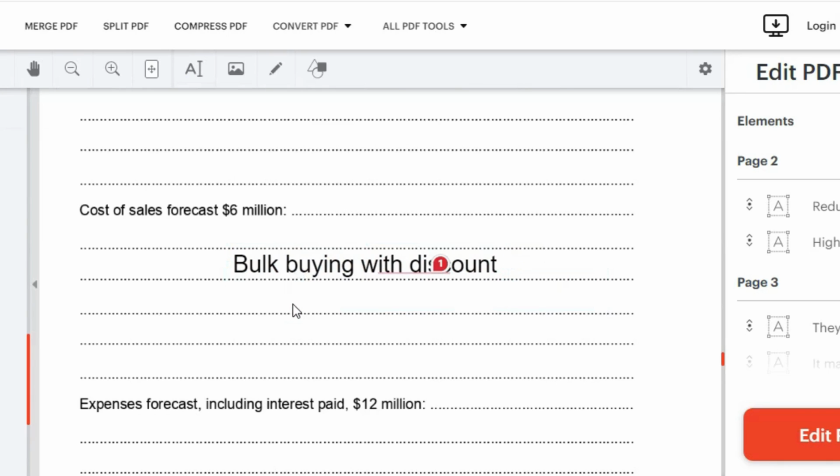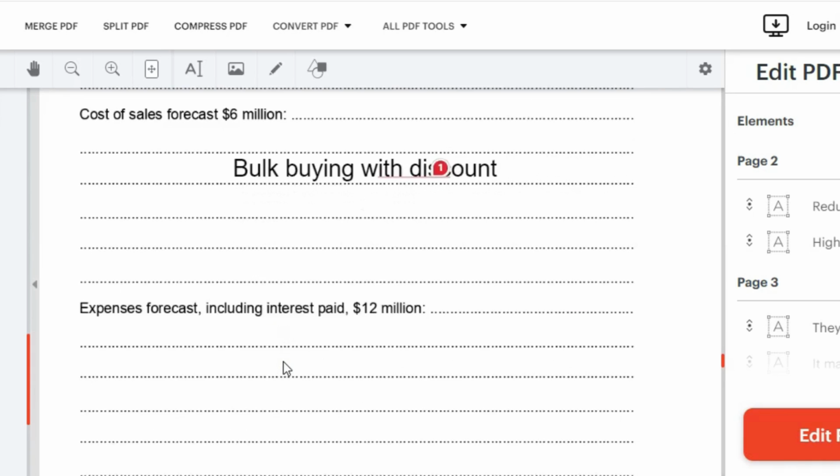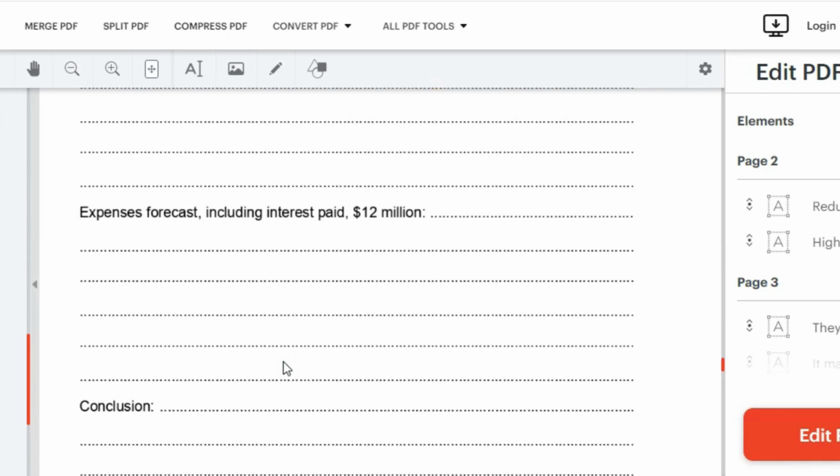Now we move to the expenses forecast, which includes the interest paid of $12 million. Now, how does this affect the RW company? Of course, they are likely to be higher than $12 million because there will be interest payments on the bank loan if they actually go for a loan when establishing the new factory.